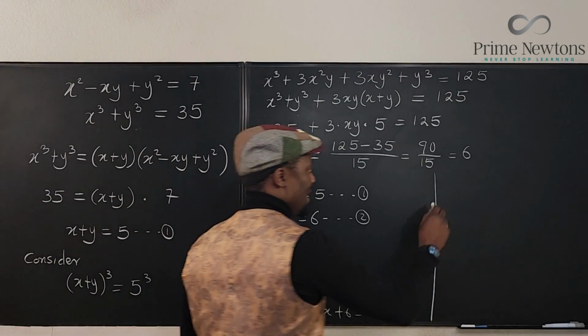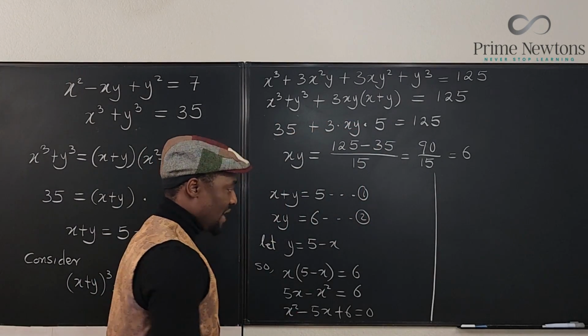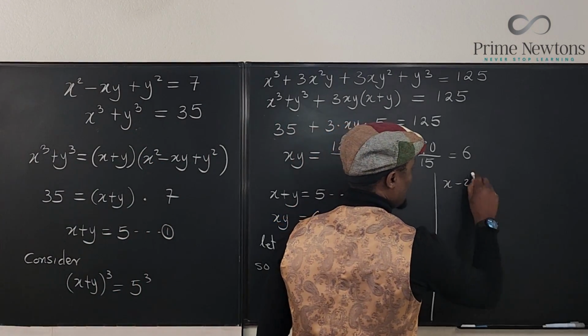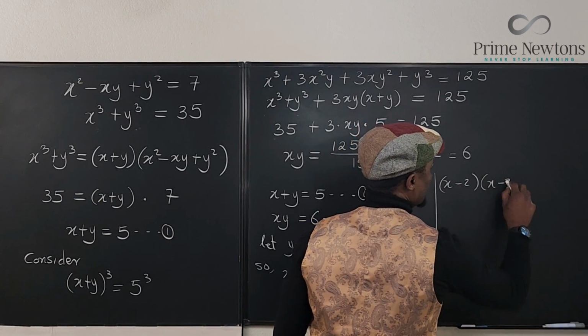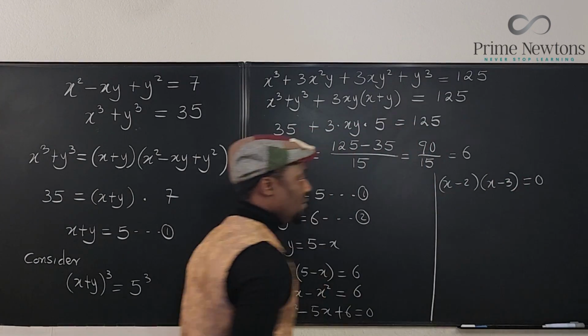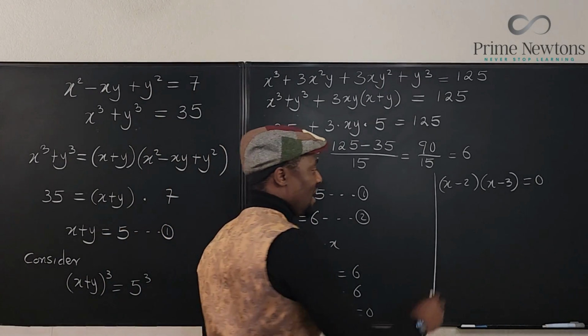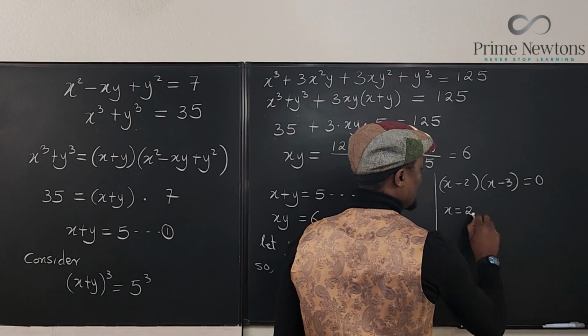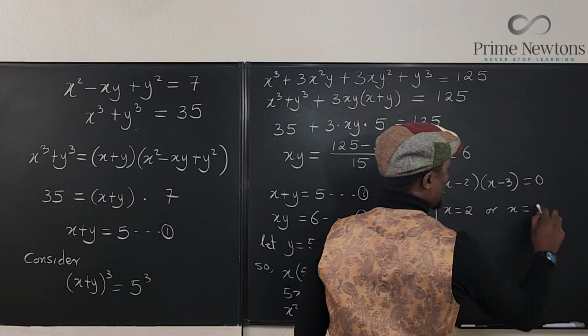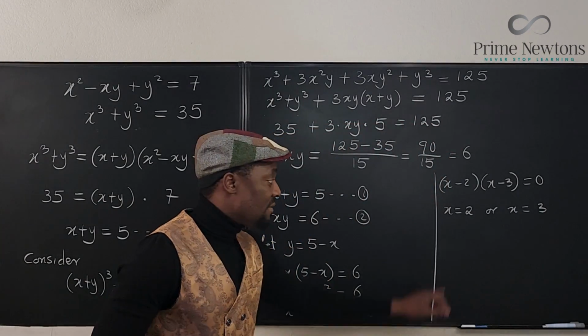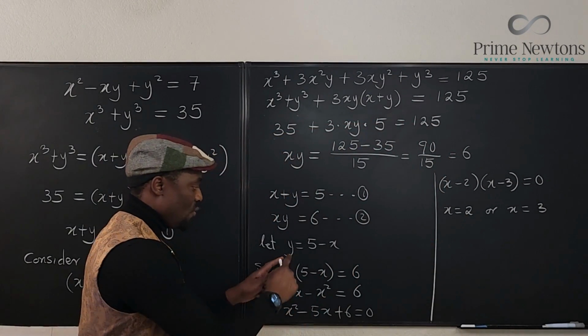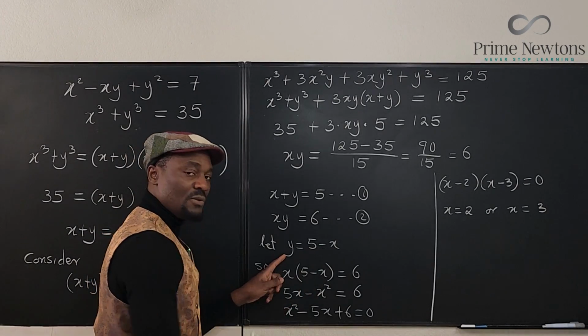We know by factoring, we have (x minus 2) times (x minus 3) equal to 0. That's the factored form of this popular quadratic equation. And we have x equals 2 or x equals 3. Whenever x equals 2, y is going to be 5 minus 2, which is 3.